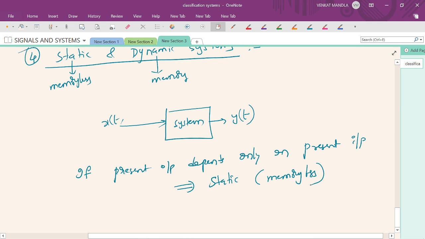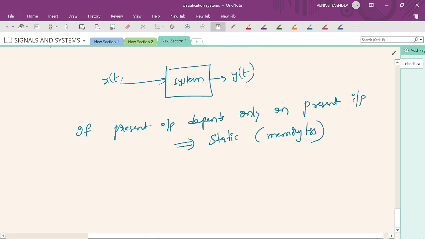So the present output depends only on present input. It will not depend on future inputs and it will not depend on past input, then it is memoryless.